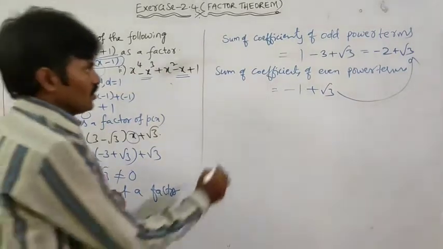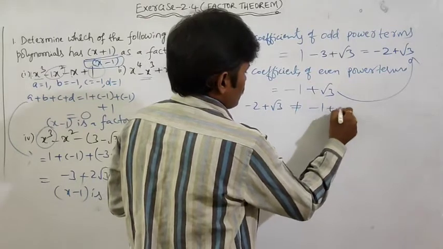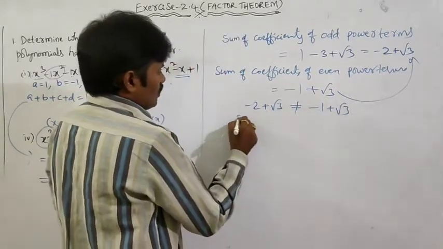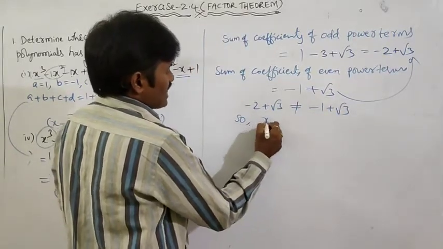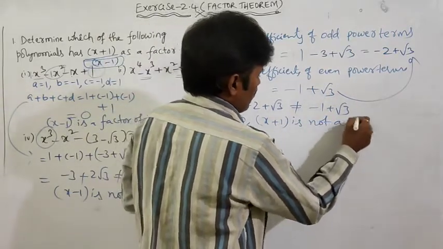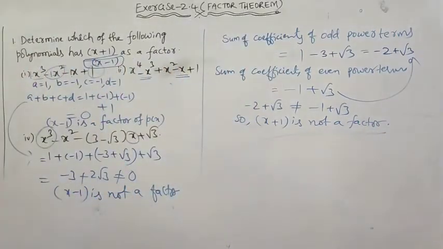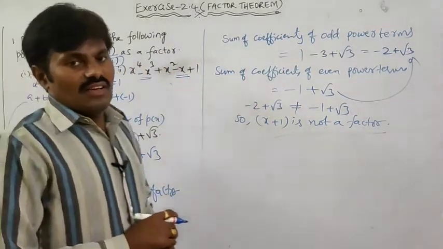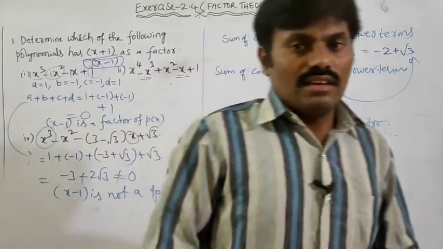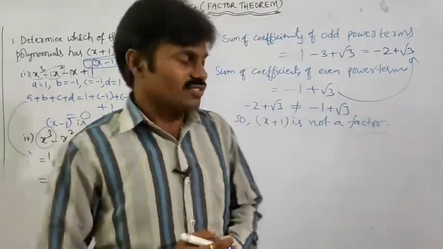No. Minus 2 plus root 3 is not equal to minus 1 plus root 3. Hence x plus 1 is not a factor, and x minus 1 is not a factor. So like this, you have to find whether either x minus 1 or x plus 1 is a factor or not. Is it clear, my friends?